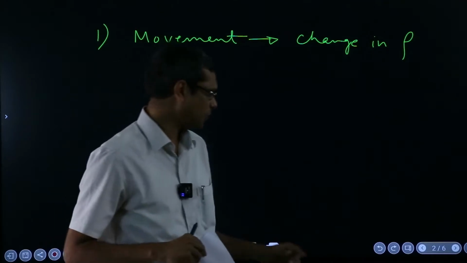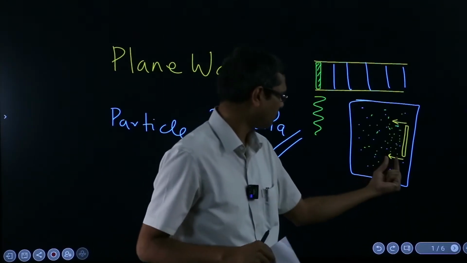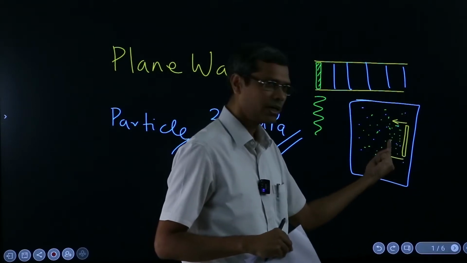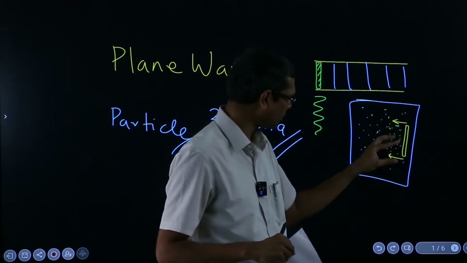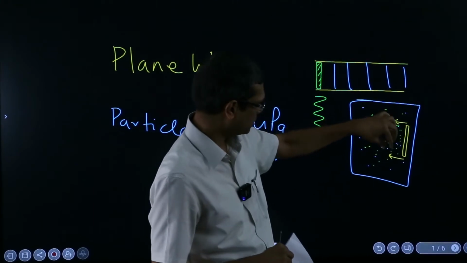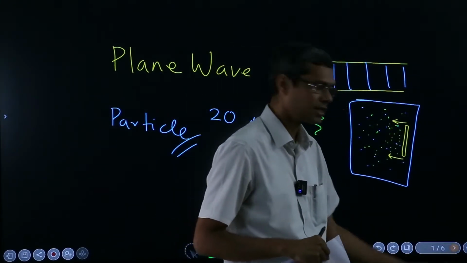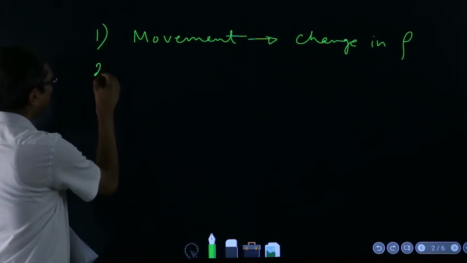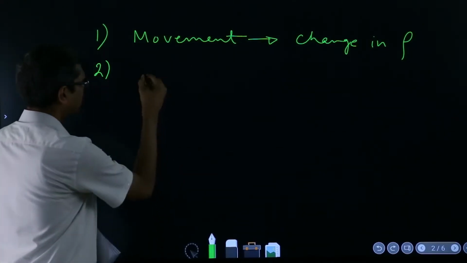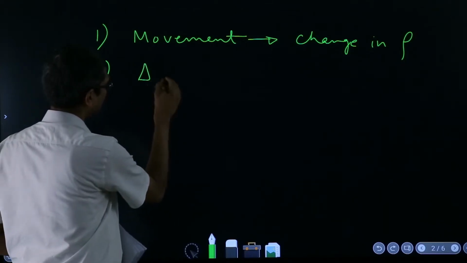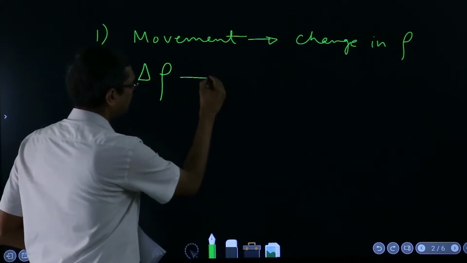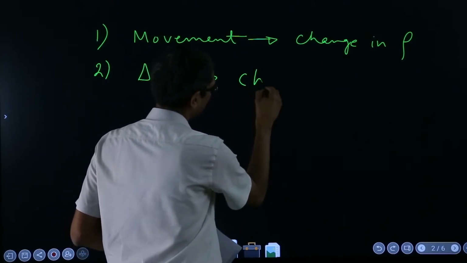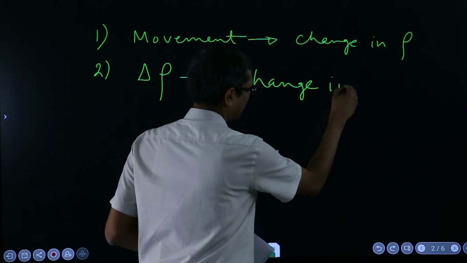Okay, because if you remember the people in a party situation, the movement changed the density because a lot of people again got stuck there. So there was a change in the normal density. And as soon as there is a change in density, this delta rho will cause a change in pressure.